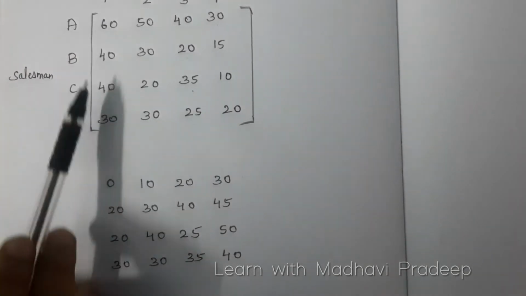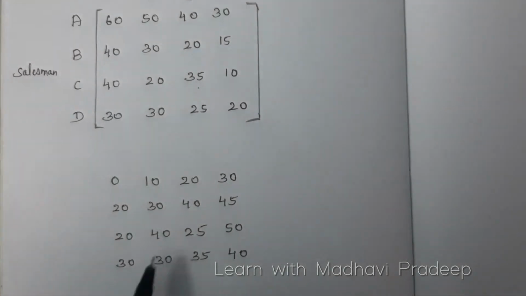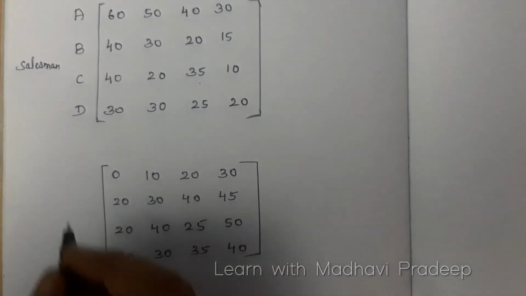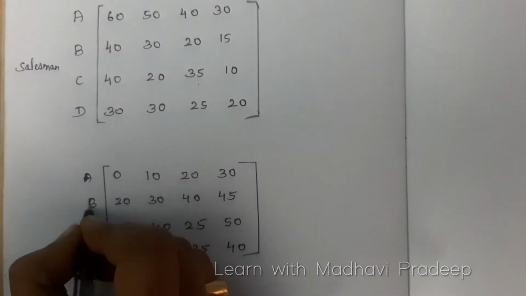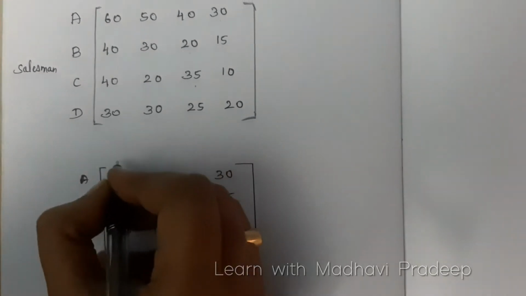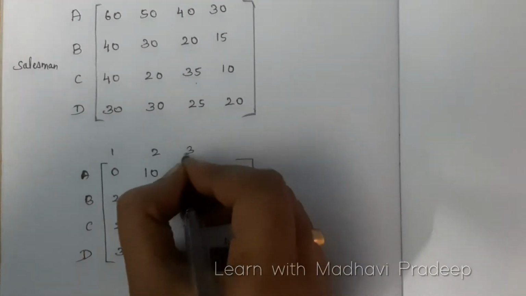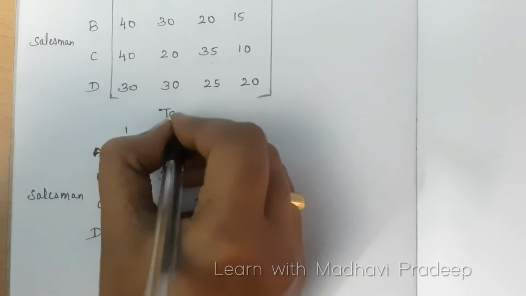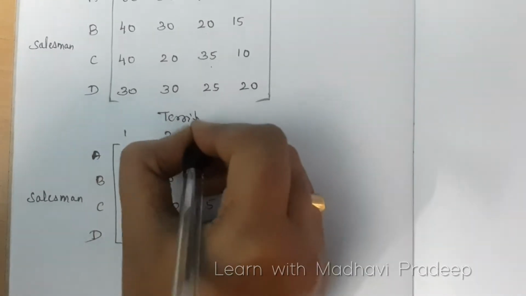So we have subtracted all other values from 60 and this is the new matrix. Just name it A, B, C, D and 1, 2, 3, 4. And these are the salesmen and these are the territories.